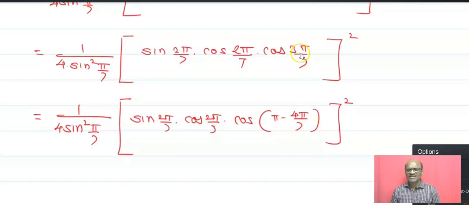If you simplify this, that is 7 pi minus 4 pi upon 7, then you will get 3 pi by 7. But it is written in this fashion. Now what is the cos of pi minus 4 pi by 7? That is nothing but minus cos of 4 pi by 7.